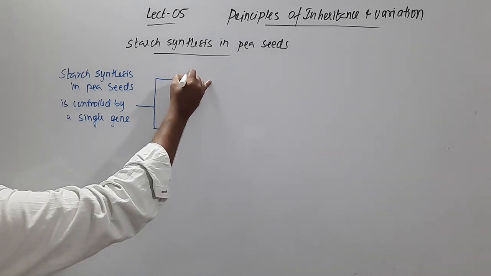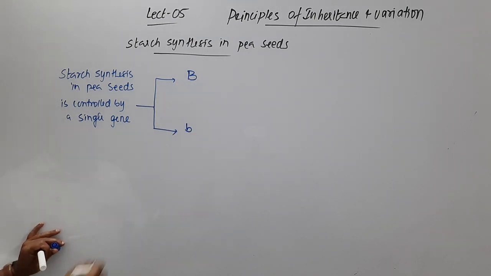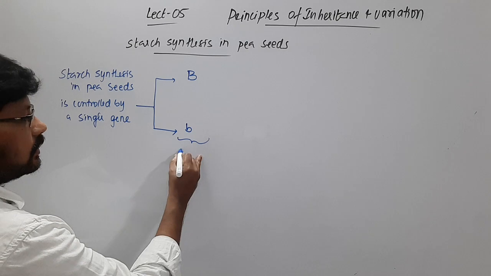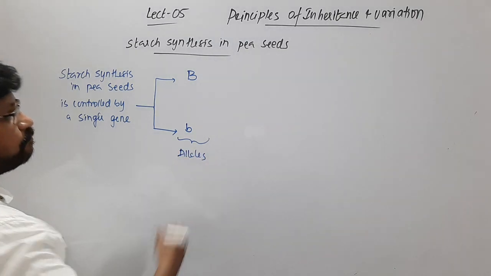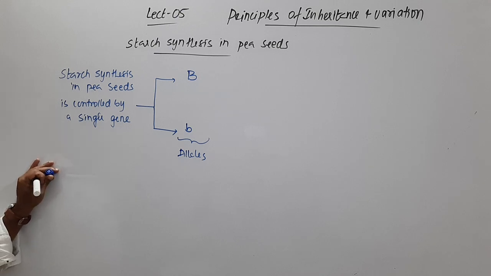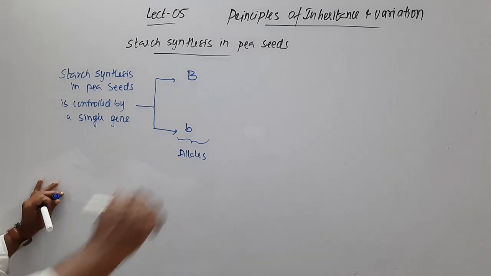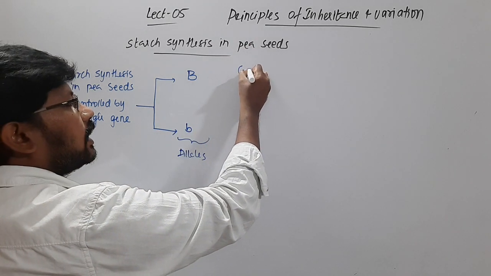So that is capital B and small b. So these two are alleles. So starch synthesis in the pea seeds is controlled by a single gene, and this single gene has two alleles. So now let us see the genotype.